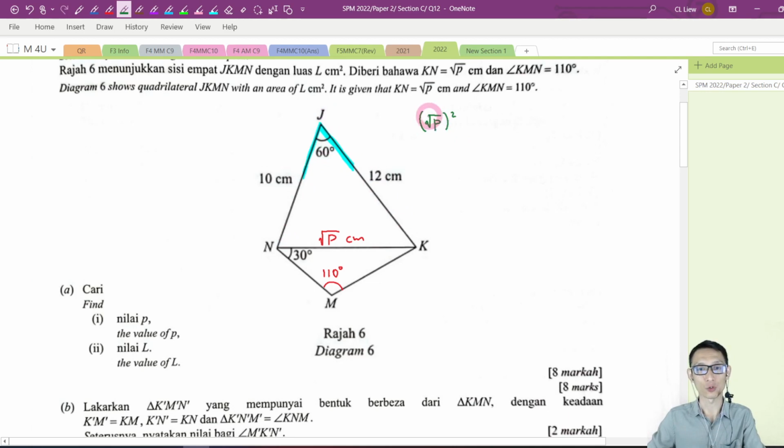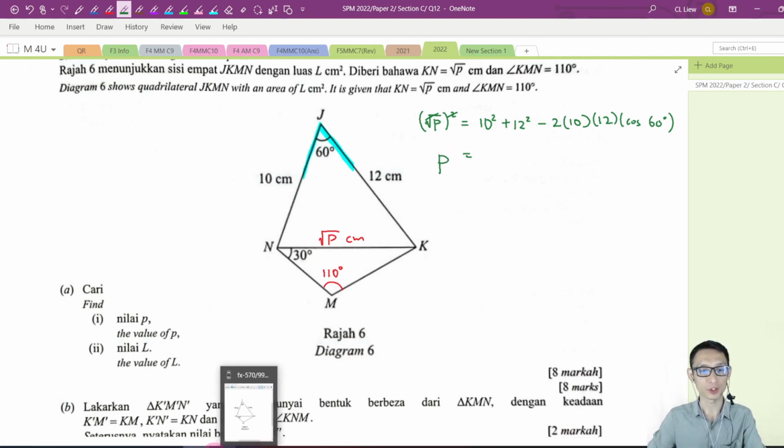Okay, so square root P squared is equal to 10 squared plus 12 squared minus 2 times 10 times 12. This is 12, not 10. 2 times 10 times 12 and times cosine 60 degrees. Okay, so square root and square, they will cancel out each other, so you will get P.